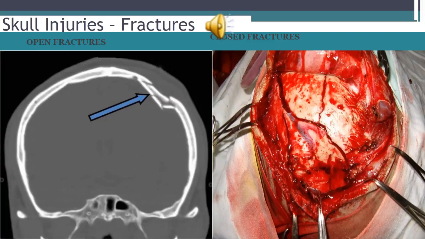Skull injuries can occur in the form of fractures, and the fractures can be either open or closed. Open fractures mean that the scalp overlying the fracture is disrupted or opened, and we can see the fracture at the base or floor of the site of injury.